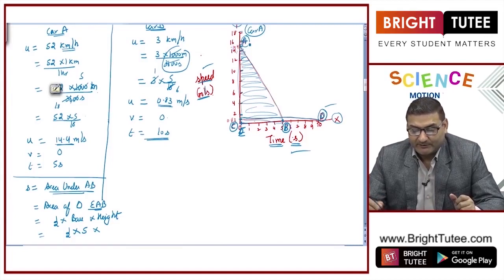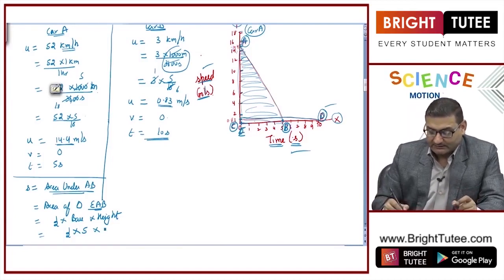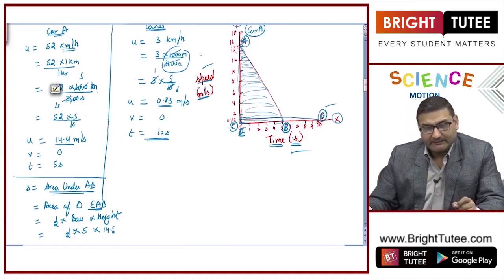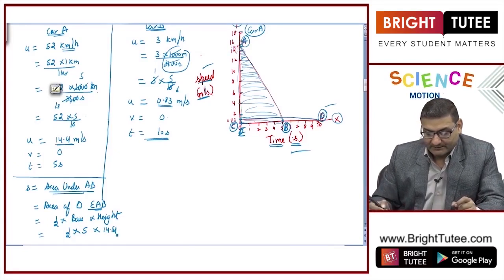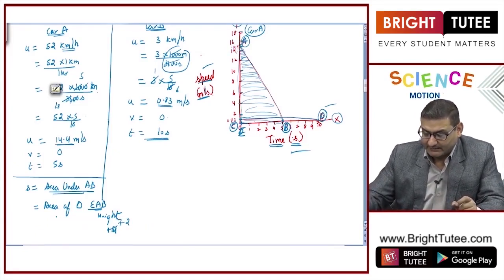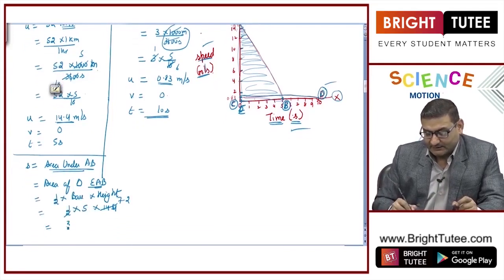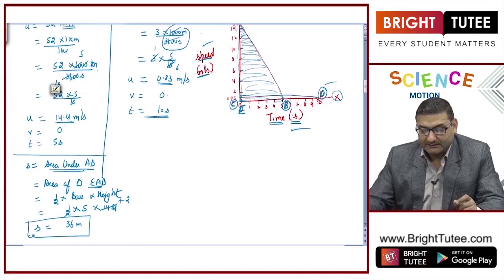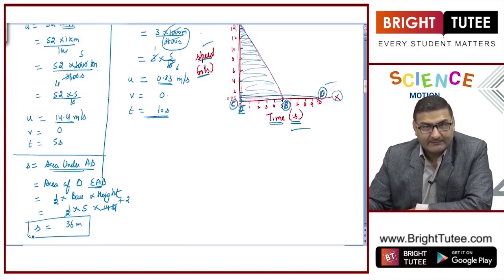So it will be 14.4 minus 0, that comes out to be 14.4. Right? Cancelling it out, I will get 7.2, and my answer will be 36 meters. This is the distance travelled by the first car, car A.